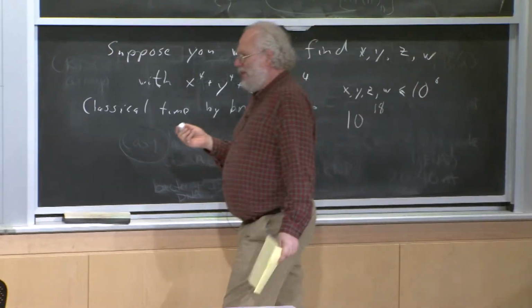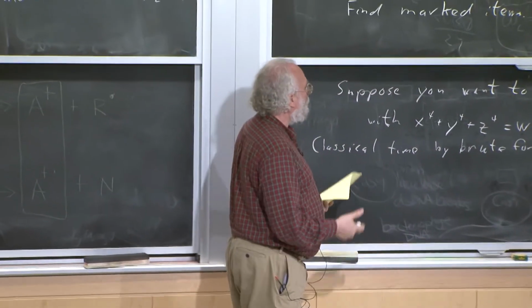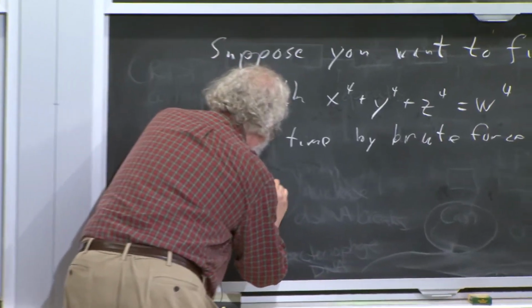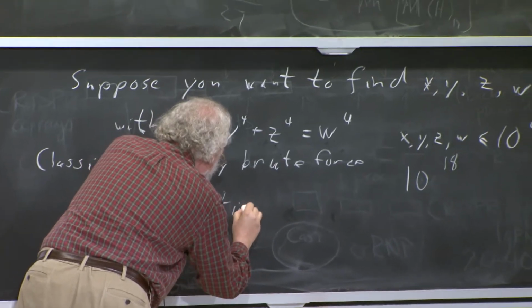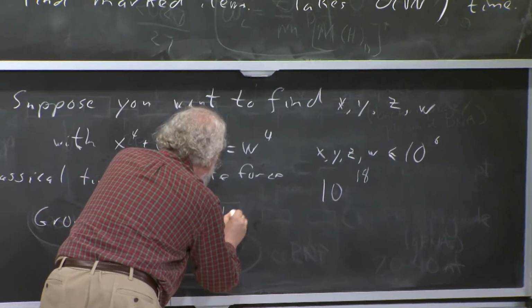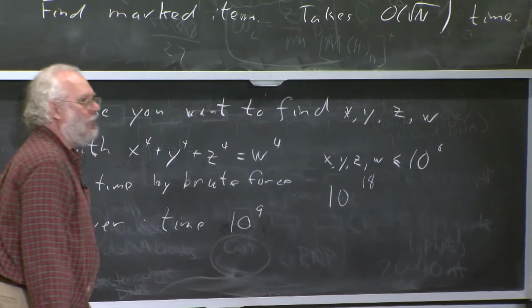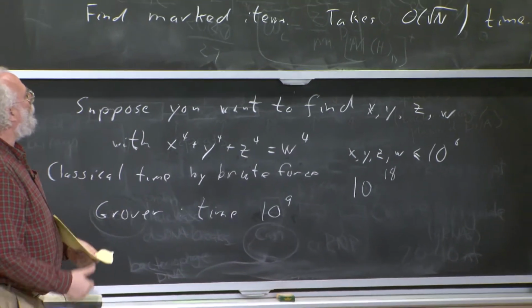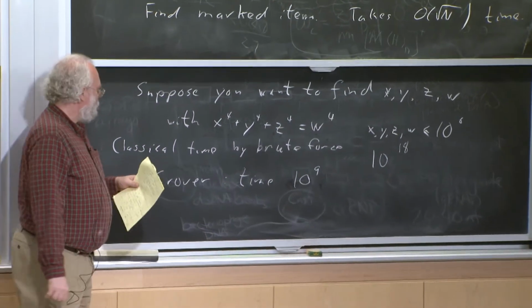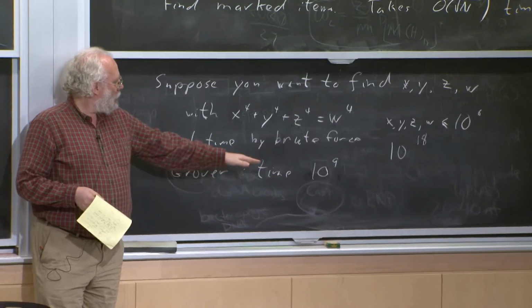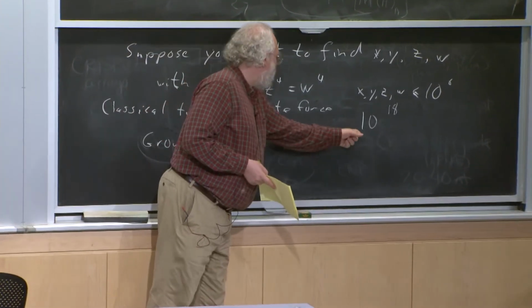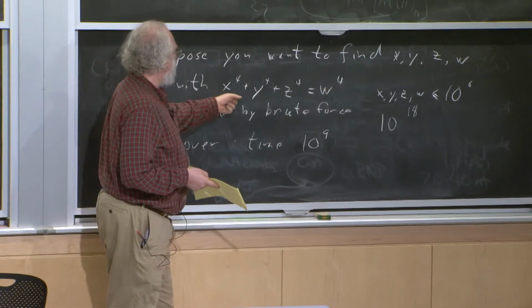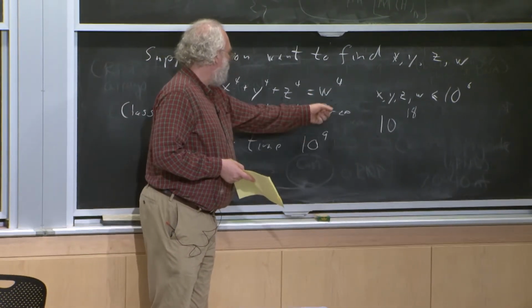But Grover's algorithm can search this list in time roughly 10 to the 9th, a small constant times 10 to the 9th. So that's 10 to the 18th trials classically, and Grover would take 10 to the 9th trials.